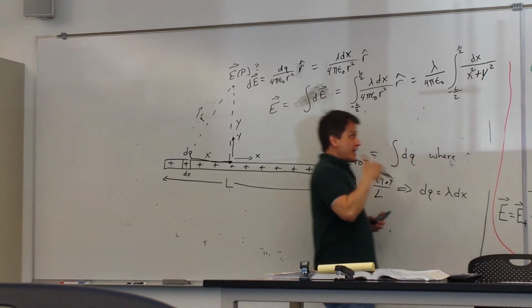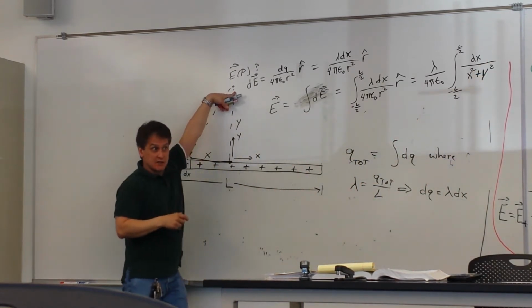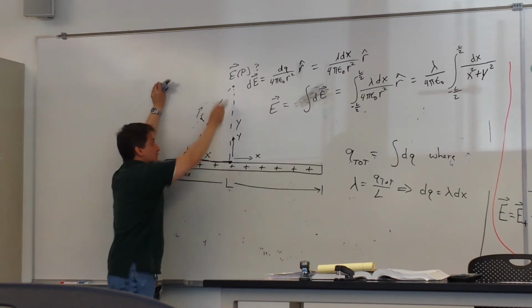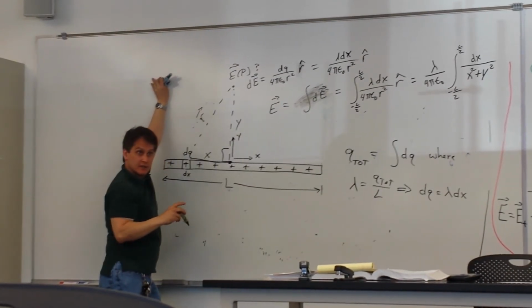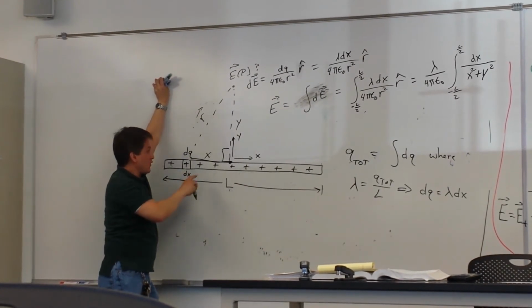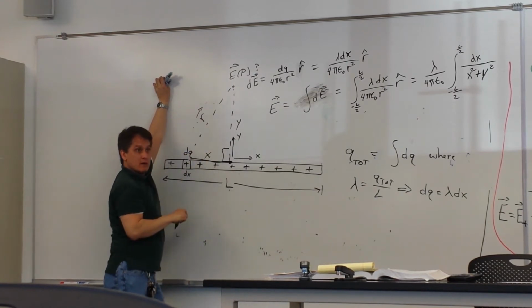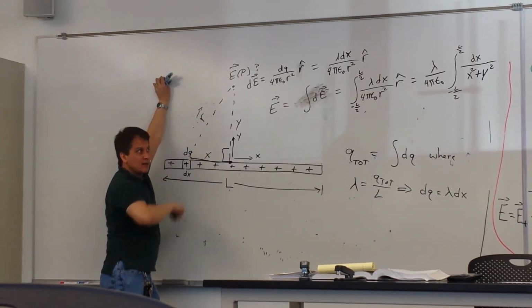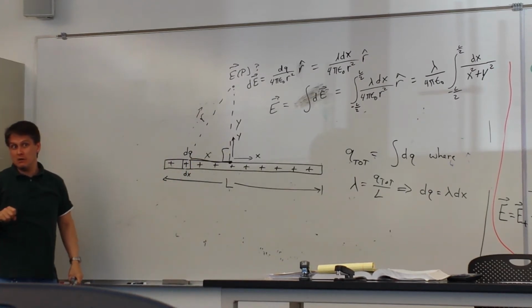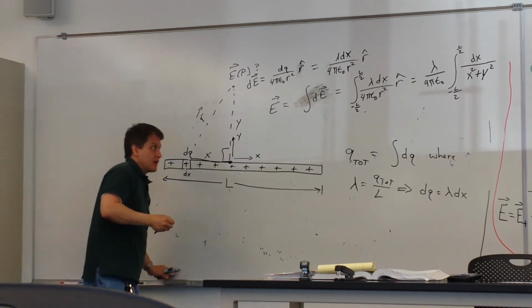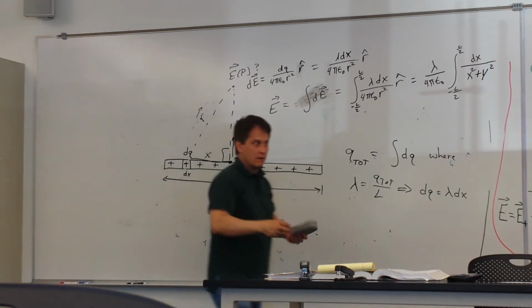If I add that to y squared, which is the separation distance, the distance away from the rod, if this is a right triangle, that's going to be equal to r squared. So I don't have to take a square root and square it again. I just know it's going to be x squared plus y squared. Now the question becomes, what do I do with this r value?